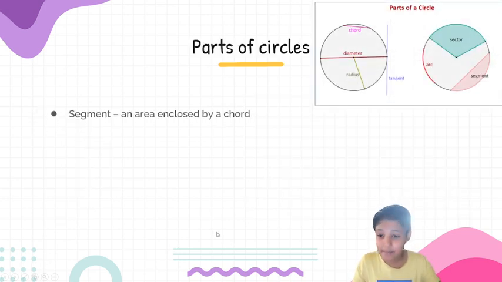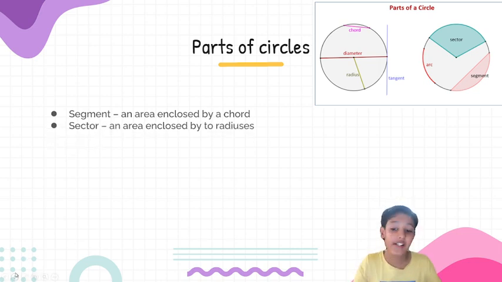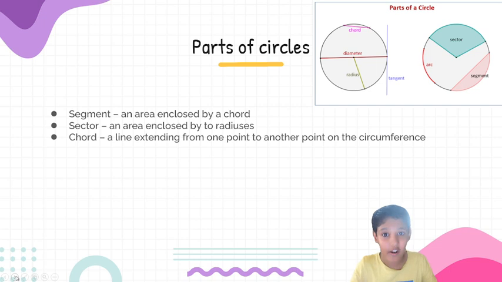So, a segment is an area that is enclosed by a chord, as you see in the diagram. A sector is an area that is enclosed by two radii. And a chord is a line extending from one point to another point on the circle, as you see in the diagram.